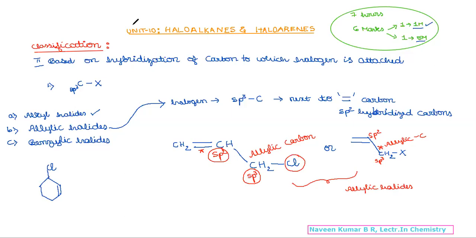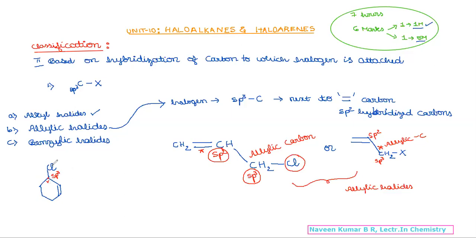Now, if you observe this structure, you can see this is in a cyclic ring. The halogen attached carbon is in sp3 hybridization as it is in bond line representation. There will be one hydrogen bonded to this carbon, one Cl, and two neighboring carbon atoms. Hence, this carbon is an sp3 hybridized carbon.